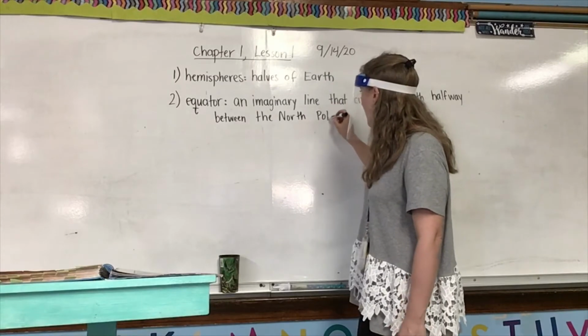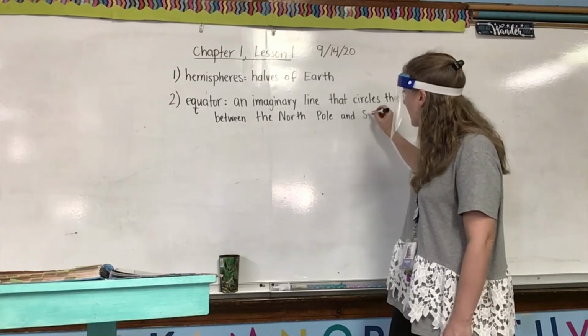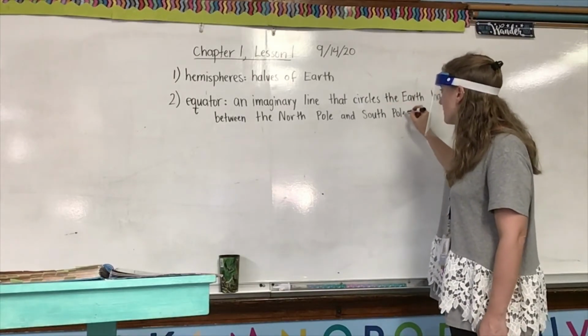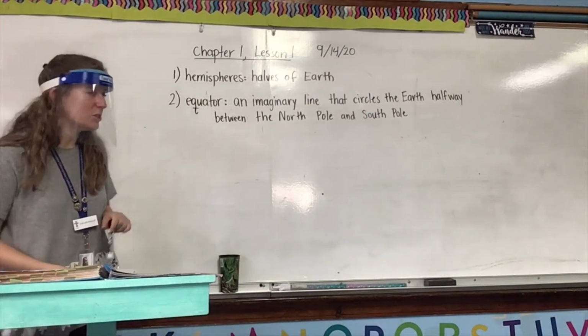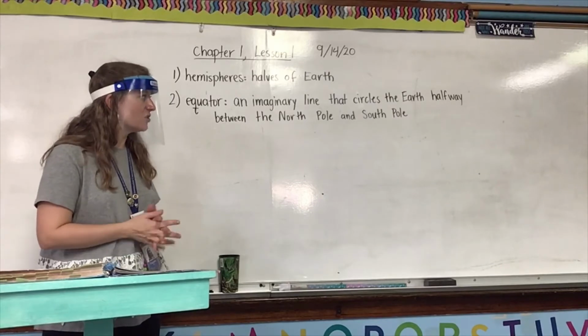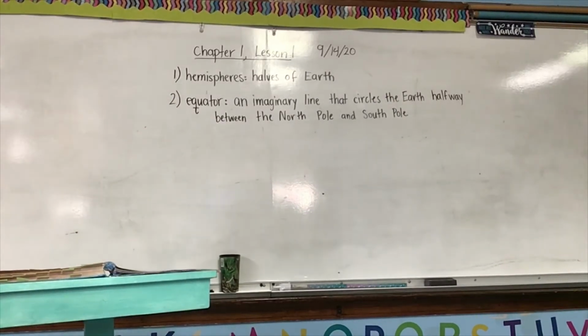Good. And notice how North Pole and South Pole are both capitalized. That is because they are the proper name for two places. So the equator is an imaginary line that circles the Earth halfway between the North Pole and the South Pole.